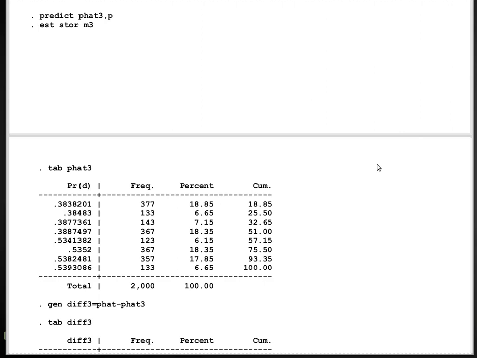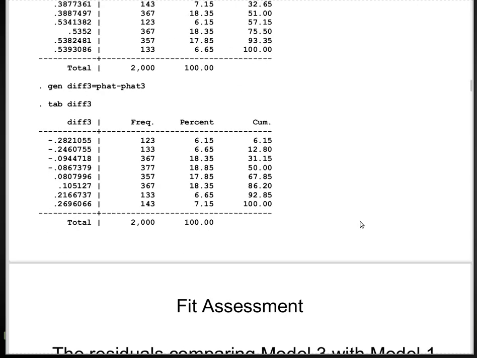And what do we see in this instance? What we get is fitted values that are very different from the fitted values we got with Models 1 or Model 2. Indeed, the differences you can see are substantial. These are differences between estimates of probabilities, just to remind you. So these numbers are big. The differences are big.